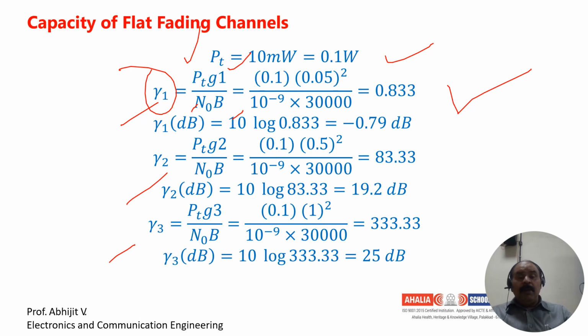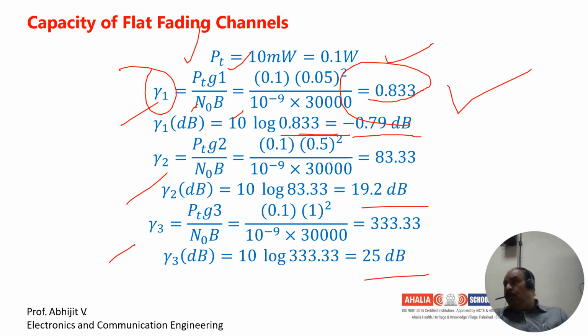The value of gamma 1, 0.79 dB, we got 0.833. We converted it into dB by using 10 log, all power in terms of dB. Gamma 3 we got 25 dB, 19.2 dB.